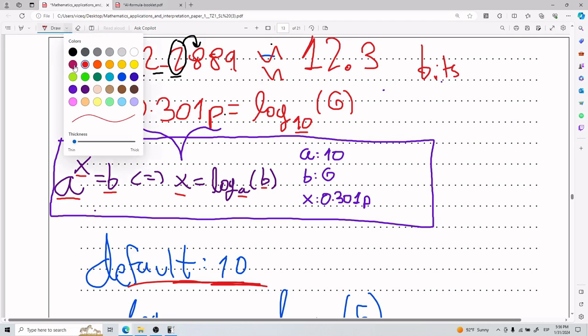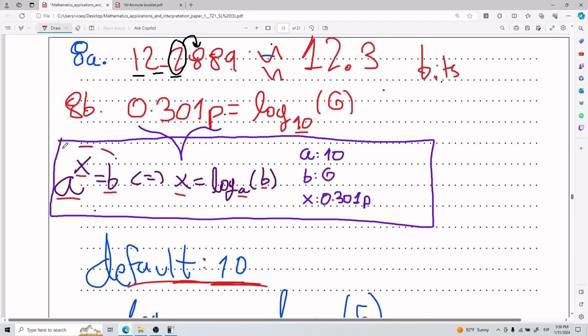So if I go ahead and plug everything in so that I end up with what's on the left, we said that A was 10. We said that X was 0.301p. And we said that B, the one that's alone, equals G. Okay, so I'm just gonna rewrite it down here because I like it when it's on the left.